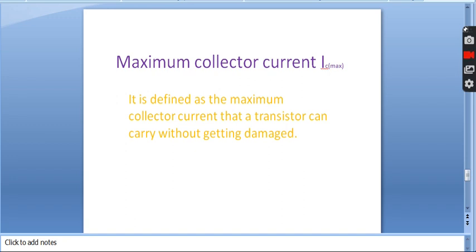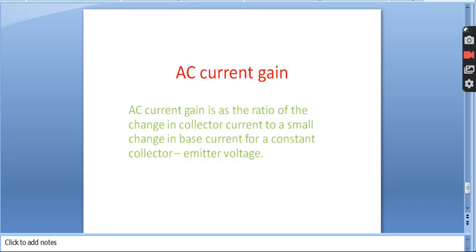It is the maximum collector current that can be applied to a transistor. That much collector current can be carried by the transistor without getting damaged, and that is IC maximum.